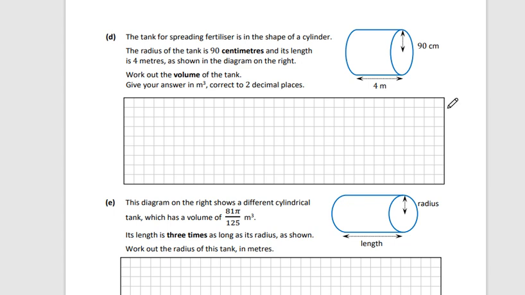Part D, the tank for spreading fertilizer is in this shape. The radius of the tank is 90 centimeters. Work out the volume of the tank. So that's just pi r squared h. The formula is in your log tables. You do pi multiplied by 90. Oh, they're in different units. They want the answer in meters cubed. So if we convert centimeters to meters, there's 100 centimeters in a meter.